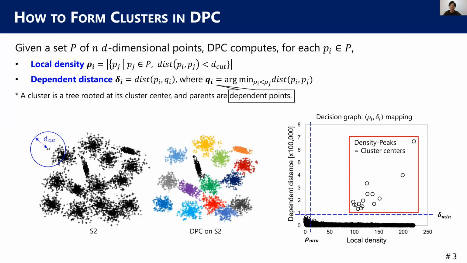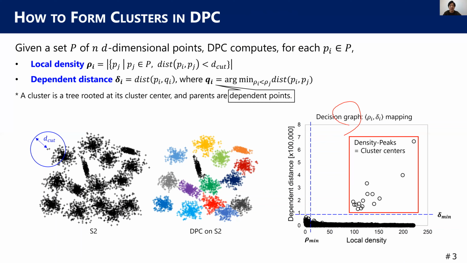The pair of local density and dependent distance can be viewed in a two-dimensional space called a decision graph. From this figure, we can see that 15 points have large dependent distance. If a point has large dependent distance, it means that there are no points with higher local density in that local space.